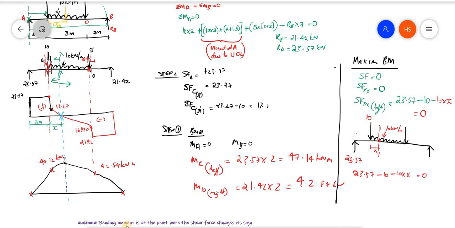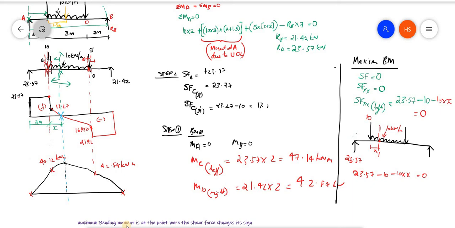So what will be the value? That is 23.57 minus 10, that is 13.57, divided by 10.